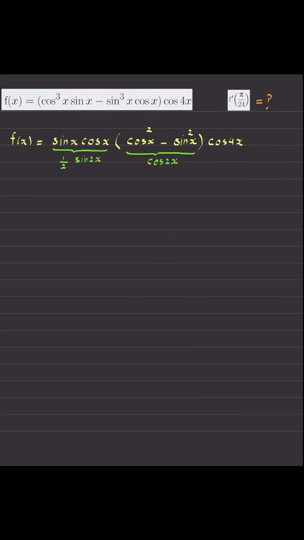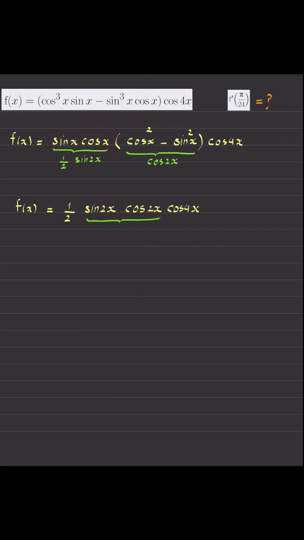Okay, so let us write again what we have. So f of x is equal to 1/2 sine 2x cosine 2x cosine 4x. I hope now you see what the pattern is. Again, this reminds you of the double angle formula for sine. Here we have sine of an angle times cosine of an angle, exactly like we had here.